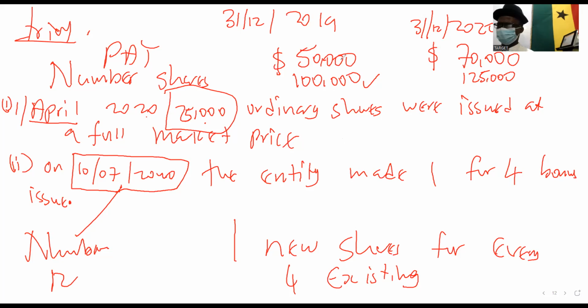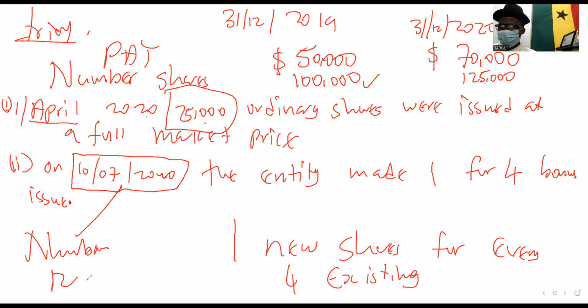All right, so take notice. Please do not assume, because we make a bold assumption that the bonus shares exist at the start, that the calculation must be on the 100,000. That will be a slight mistake, unless the examiner instructed you to do so.